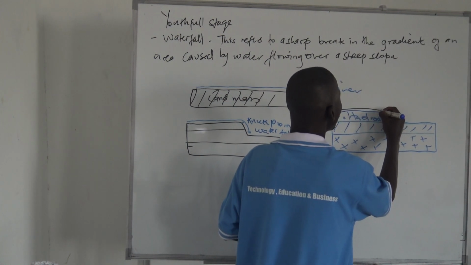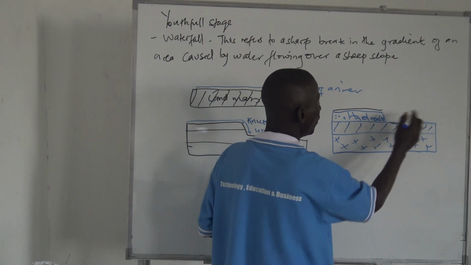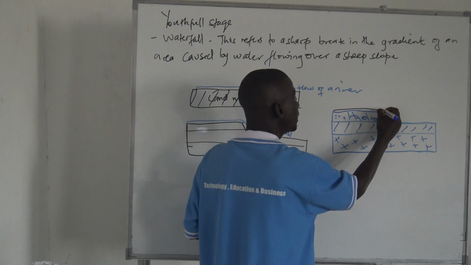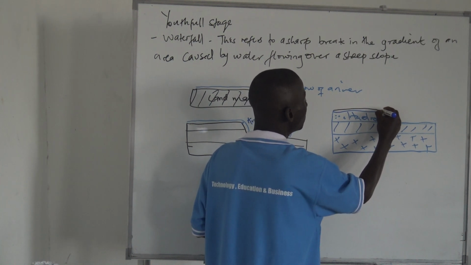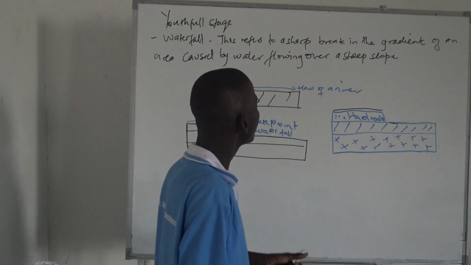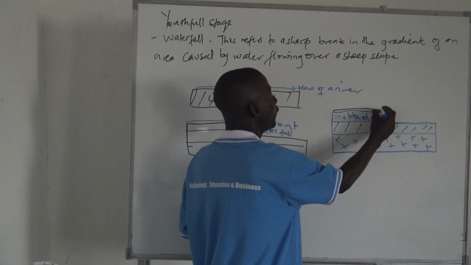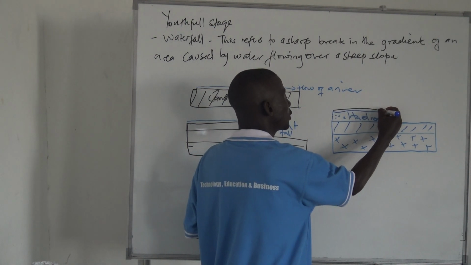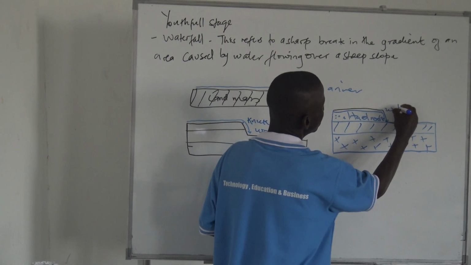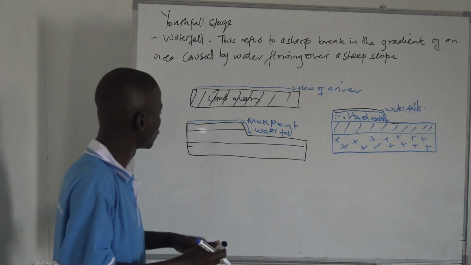So finally, because of erosion, the soft rock is taken away, leaving behind a hard rock, and instantly forming a nick point, and water starting to flow over a steep gradient which was not initially there. So water begins to flow over a steep gradient, forming what we call a waterfall.